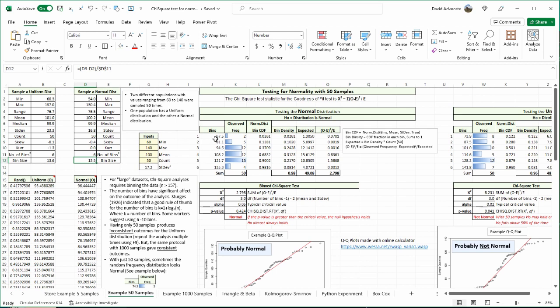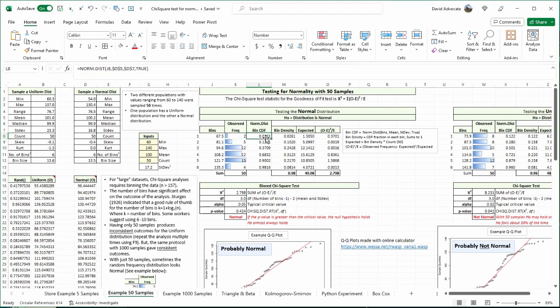So here are my 6 bins where I've just added the bin size to the min and just continuously keep adding the bin size. And then I just use a frequency function in Excel to calculate the frequency, and I've used this conditional formatting tool up here to make the histogram.